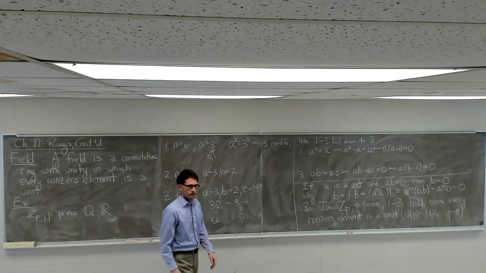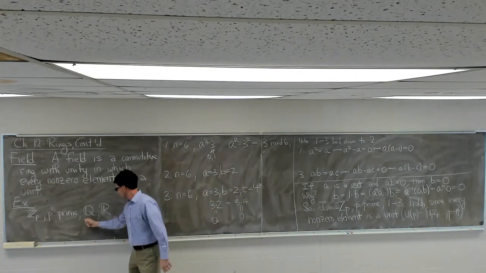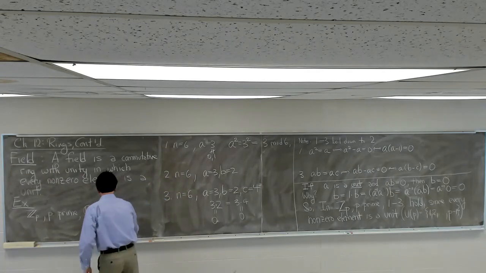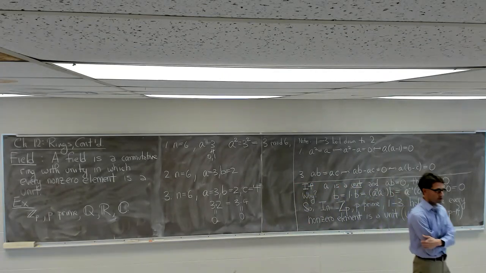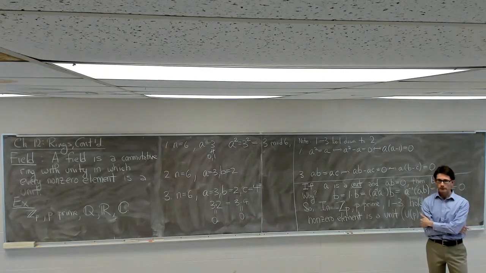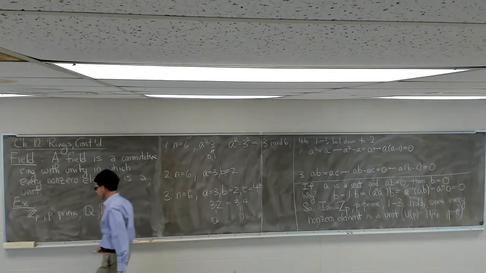Real numbers, of course, right? Every number other than 0 has a multiplicative inverse. We can divide by everything other than 0. Similarly in the rationals, right, take a non-zero fraction, you just flip it over, take its reciprocal, that's the inverse, right? So every non-zero element has an inverse. And complex numbers turn out to be a field as well with the operations that we talked about last time. Okay, so if you've taken complex analysis, then you've encountered that probably in that course as well. Okay. So these are some examples then of fields.